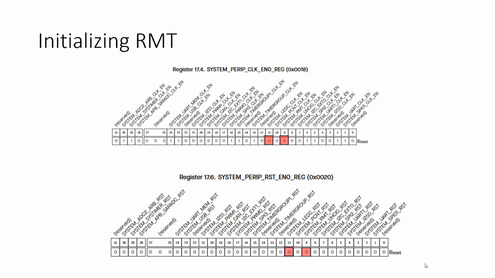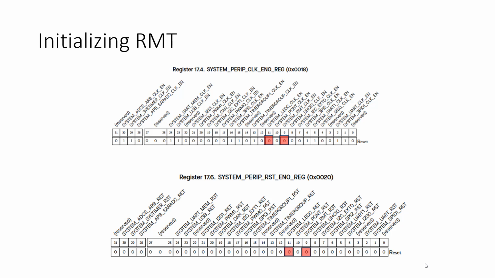Okay, so first of all, by default, when you power up or reset the ESP32, it's going to disable all these peripherals. And so in order to turn them on, there are two relevant registers here. These are global registers, not specific to the peripherals.